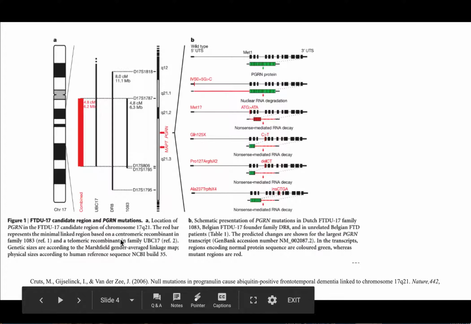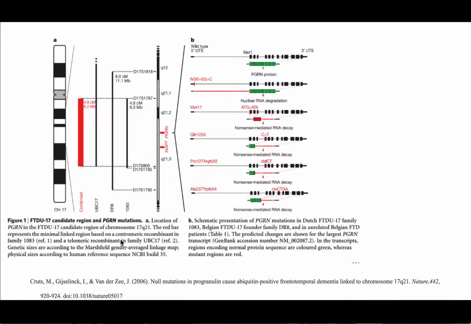And this disease is autosomal dominant. From all the articles that I've been reading, both with chromosome 9, chromosome 17, and chromosome 3, they see this progression through the generations. And they stated that it's autosomal dominant within the families.